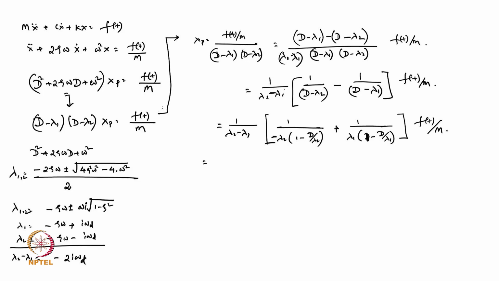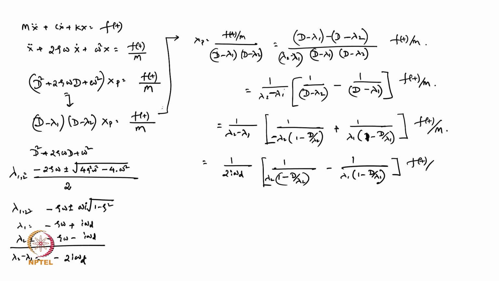So what can I write? I can write 2 I omega d with minus lambda 1 into 1 minus D by lambda 1 into f of t by m.